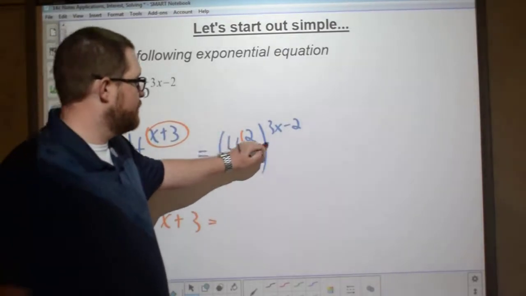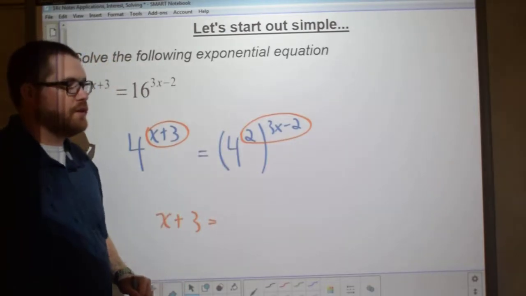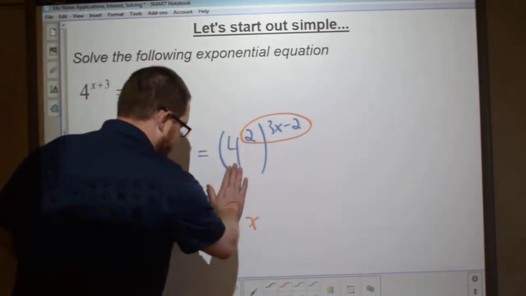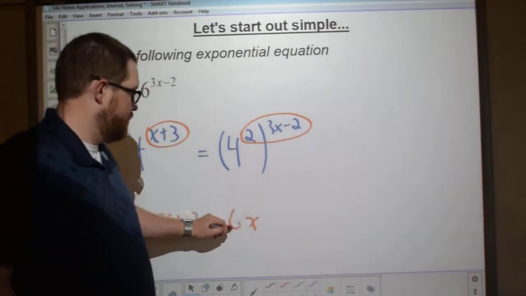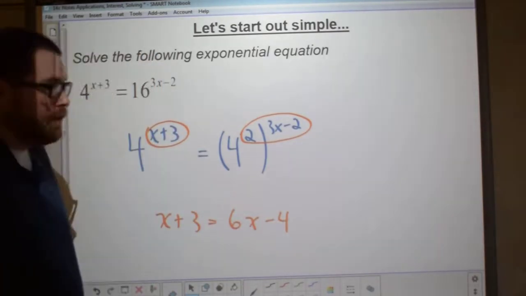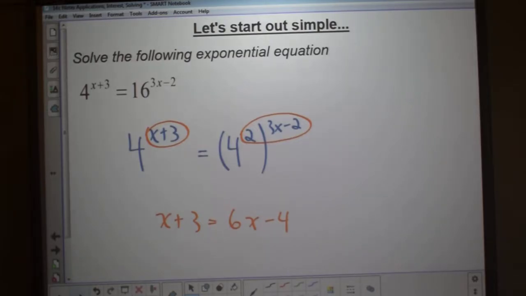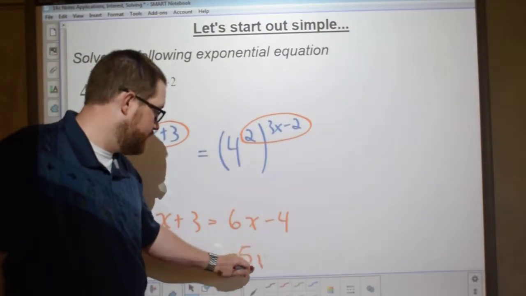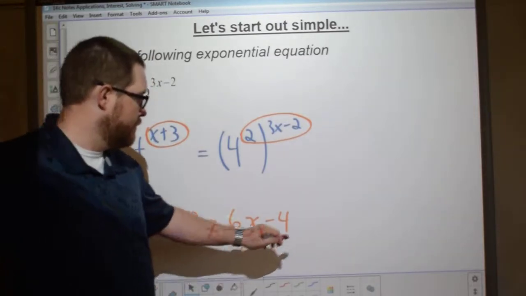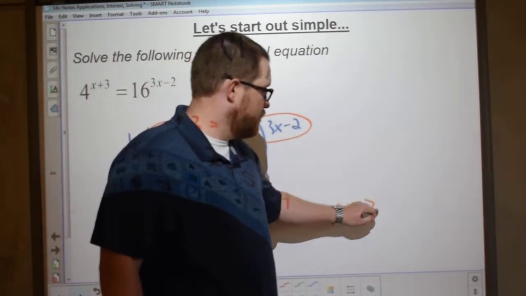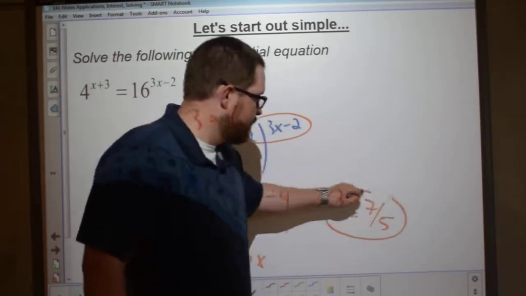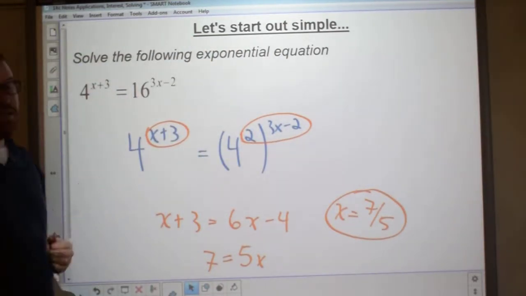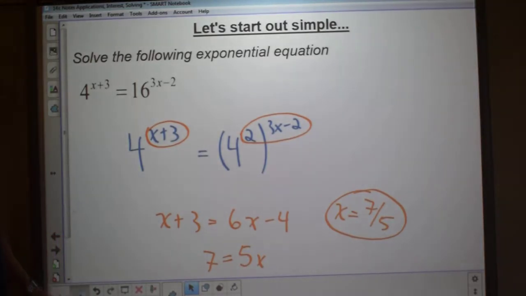This exponent, I have 2 exponents together, so I'm going to multiply them: 6x minus 4. Now I didn't need a log, and I didn't need to use my calculator. I can solve this like a regular algebra problem. Subtract this over, add this over, divide, x equals 7/5. I didn't need to do a log because I could rewrite the bases.